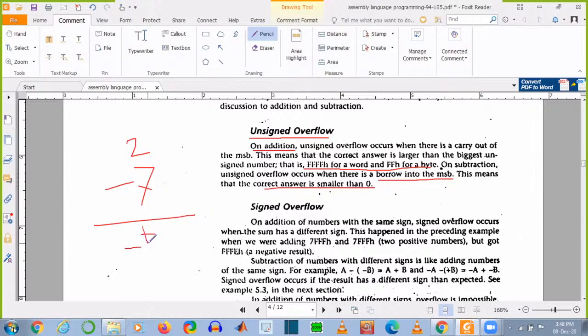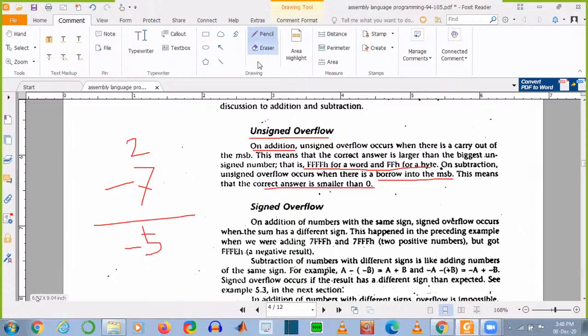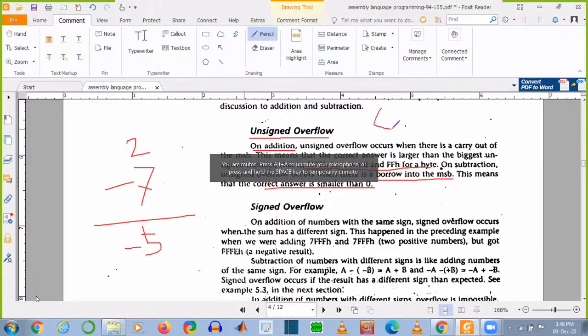So if your result is negative, in that case you also get unsigned overflow, because the unsigned range is 0 to FFFF for a word, or 0 to FF for a byte.